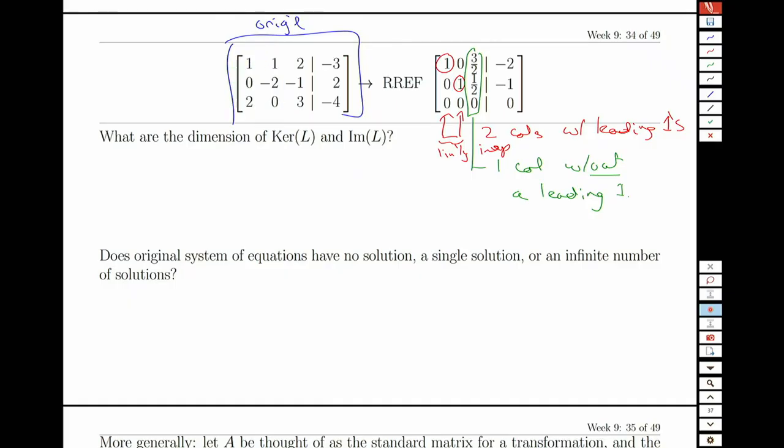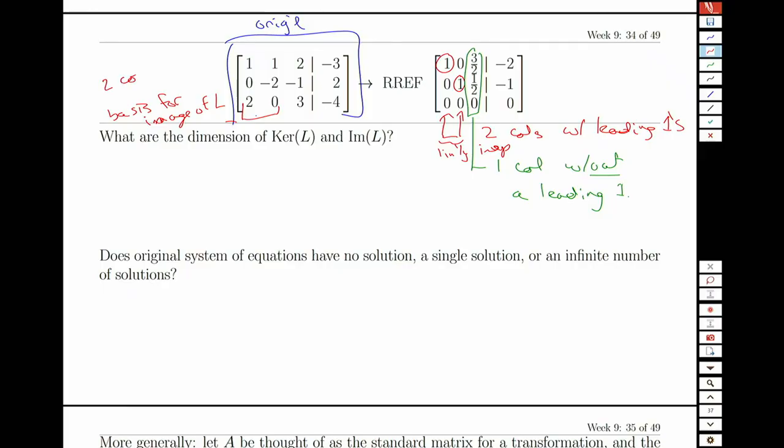So what that meant was these two vectors here are going to be a basis for the image of L. So the things I can reach, the things I can map to with this matrix part here, thinking about it as a linear transform, I can get some linear combination of those two things.